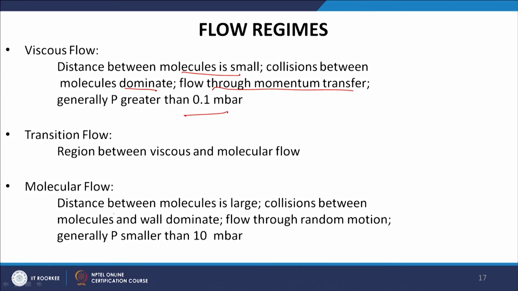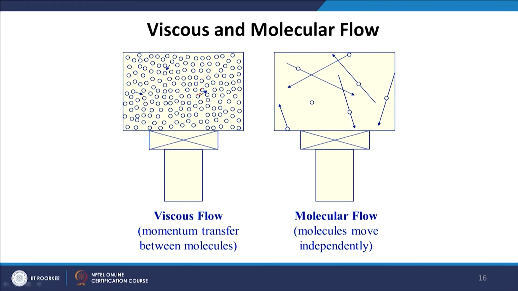On the other hand, in molecular flow, the distance between molecules is large, and collisions between molecules and the wall dominate. In the previous case, the collision between 2 molecules dominates, so one molecule can transfer momentum to another molecule, but here collisions between the molecule and the walls dominate. So the molecule does not transfer momentum to the neighboring molecule, but rather collides with the wall.